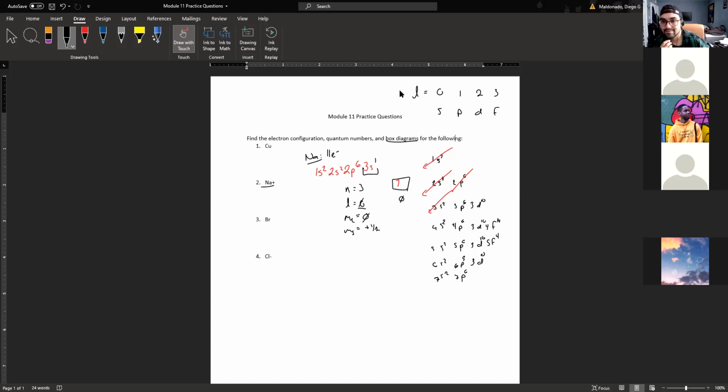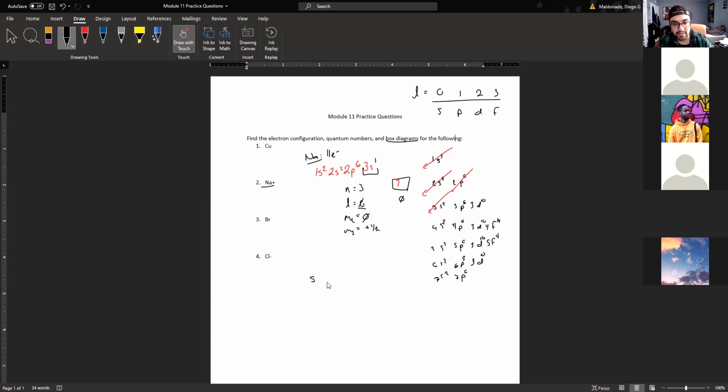So what was my orbital in my last electron pair? 3s1, so it's s. So what will be my l quantum number? It'd be 0.